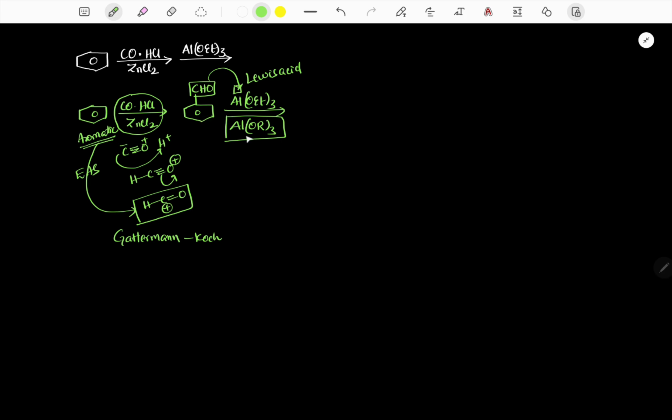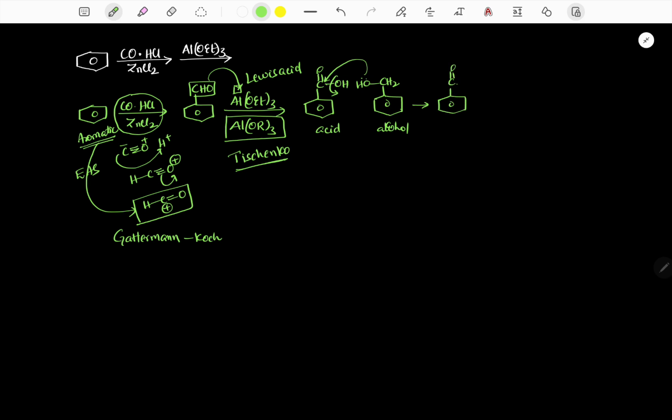When an aldehyde is treated with a Lewis acid, this reaction is an example of the Tishchenko reaction. For simplification, we should oxidize one aldehyde group and reduce the other aldehyde group, giving a carboxylic acid and an alcohol. Since we are doing the reaction in acidic medium, esterification takes place, and finally the corresponding ester is our product.